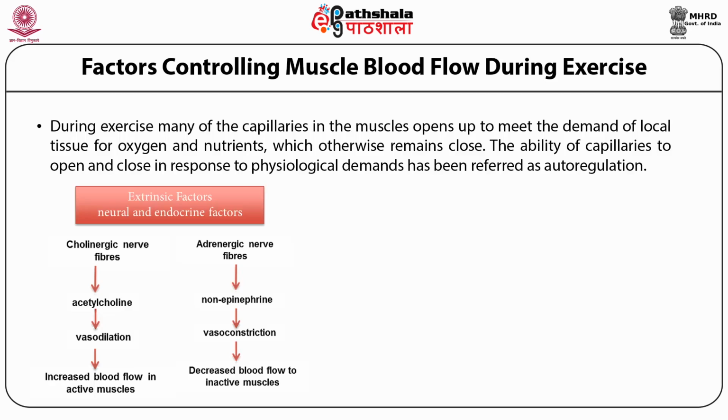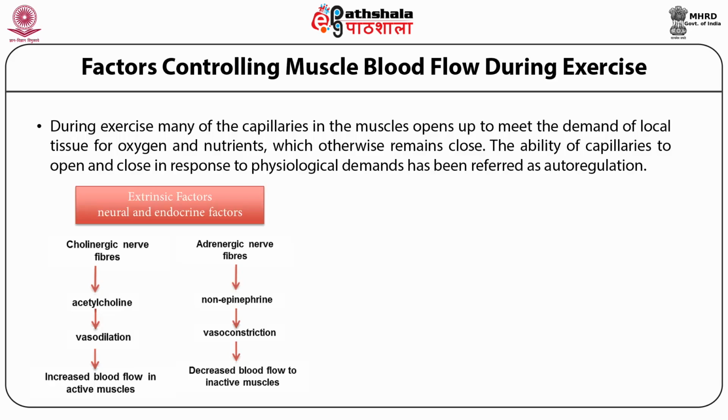Nervous regulation of blood flow to skeletal muscle is under the influence of the sympathetic nervous system. There are two types of nerve fibers which infiltrate the muscular layer of blood vessels. Number one, the cholinergic vasodilator fibers release acetylcholine, which increases the blood flow through vasodilation.